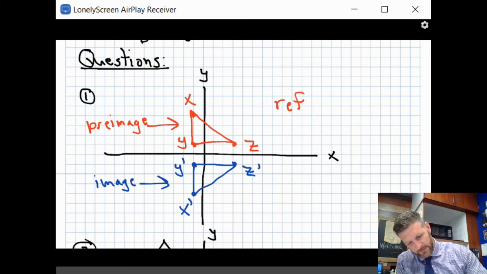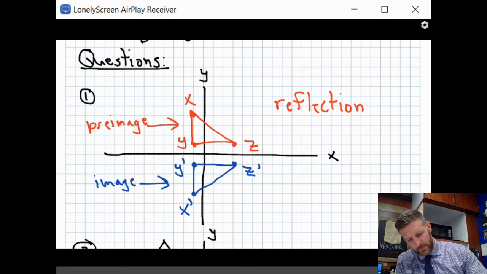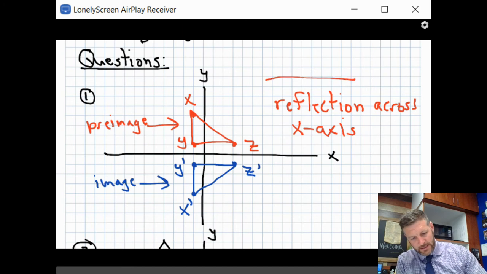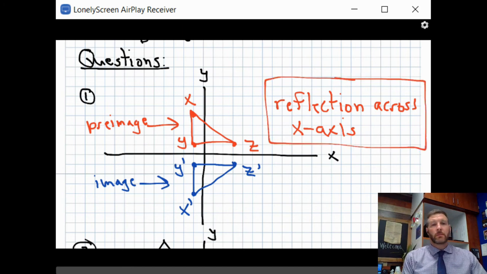And we can be even more specific, where we could identify that the x-axis, right here, is the line of reflection: reflection across the x-axis. Reflection is perfectly fine, but I want to help you practice identifying the line of reflection as well. Okay, so that's a simple example of graphing a pre-image and its image, and then identifying the transformation. Question number 2.